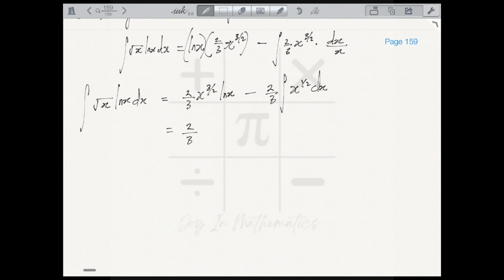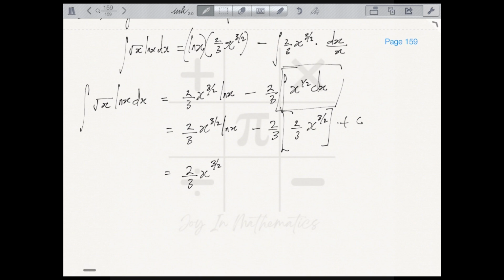This will give us 2 over 3 x raised to power 3 over 2 multiplied by ln x minus 2 over 3, and integrating x raised to power half with respect to x, we will have 2 over 3 x raised to power 3 over 2 plus c. So we can factorize now, and this will give us 2 over 3 x raised to power 3 over 2 into ln x minus 2 over 3.